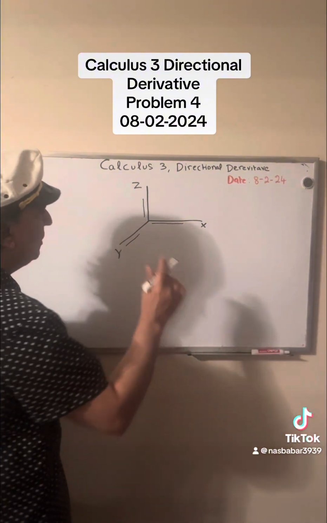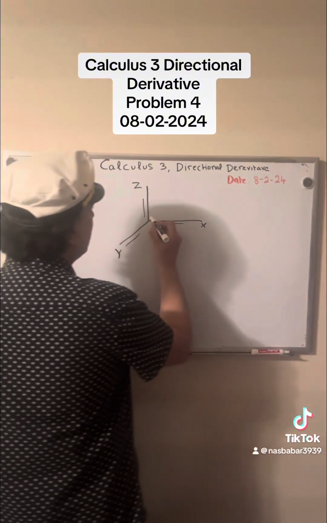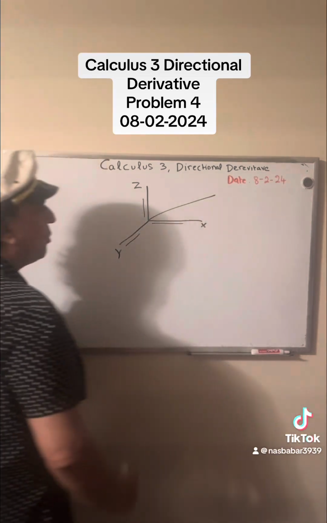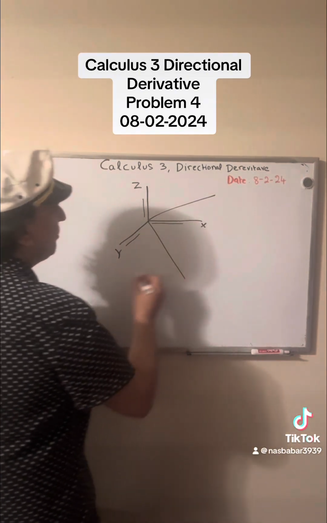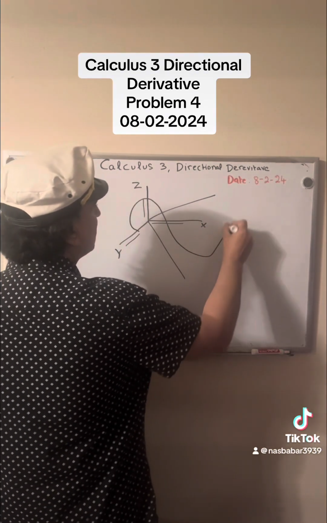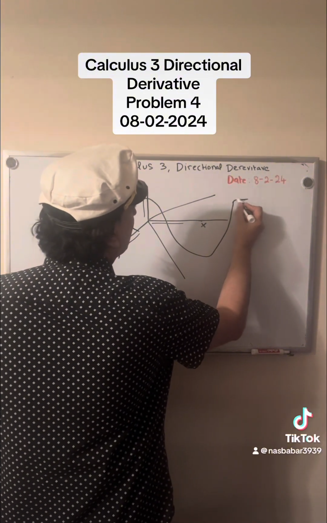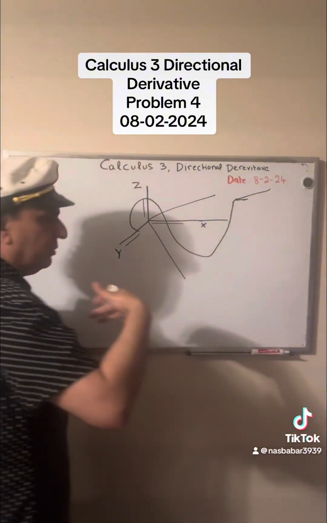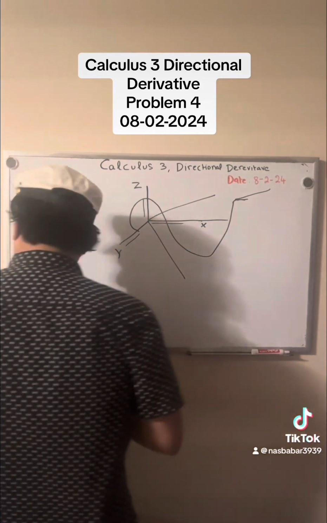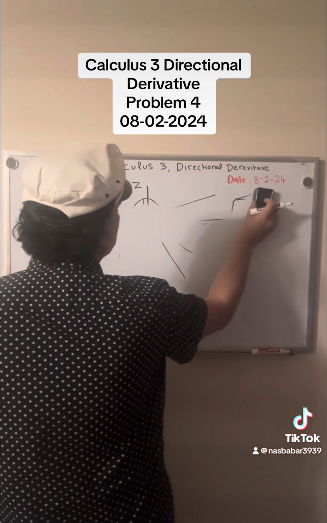Now, in this case, you pick a direction arbitrarily and find a derivative along this. You have a function, something like this. I want you to find derivative along this direction. So that's what we are talking about, directional derivative.